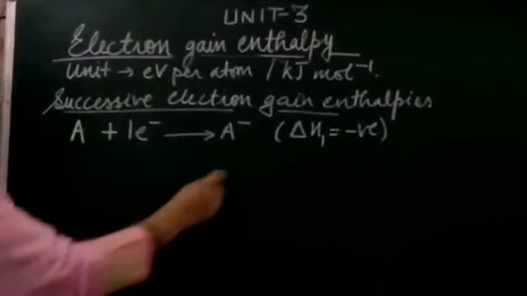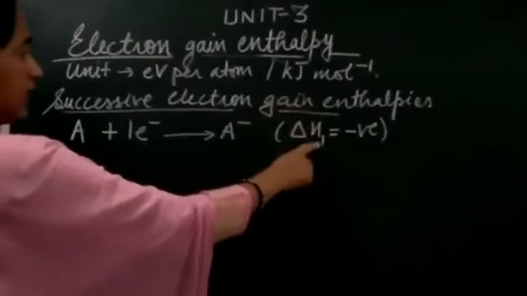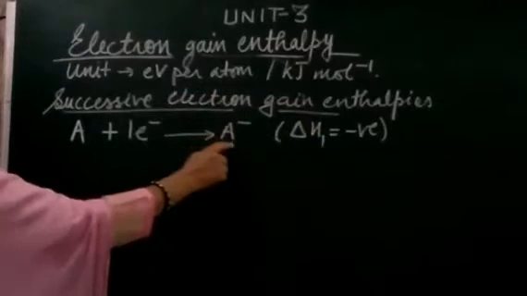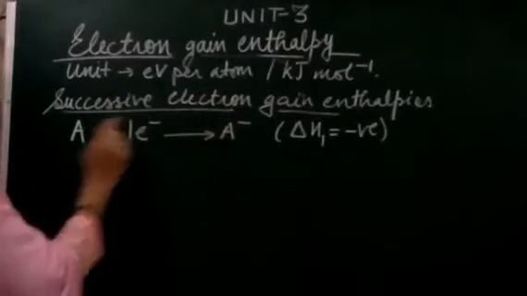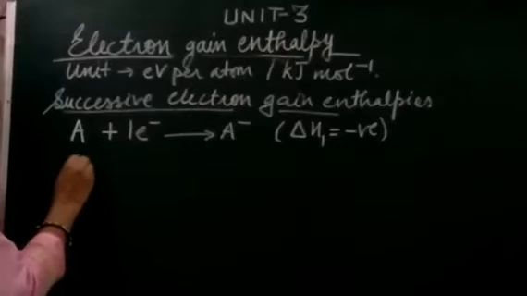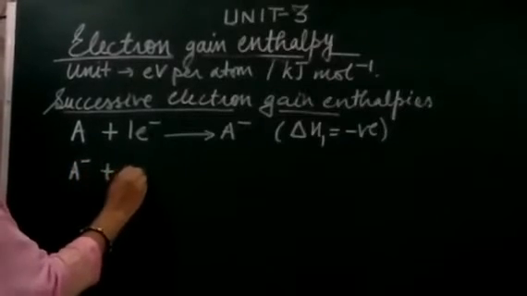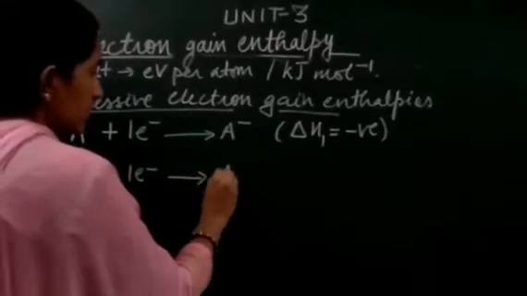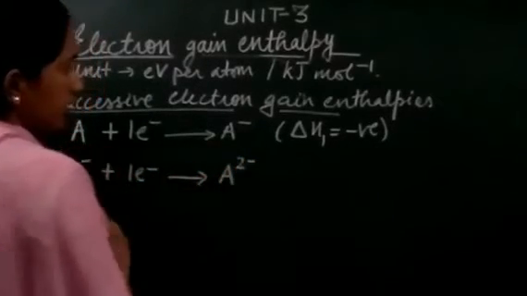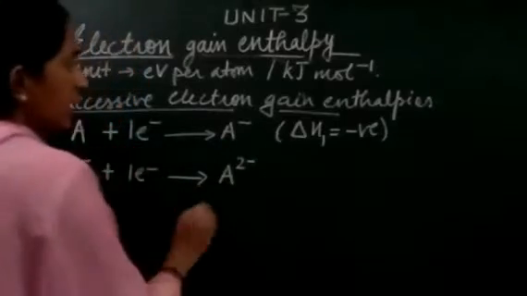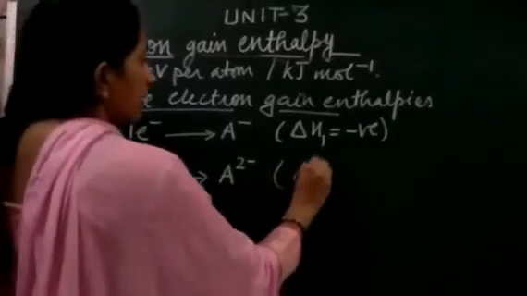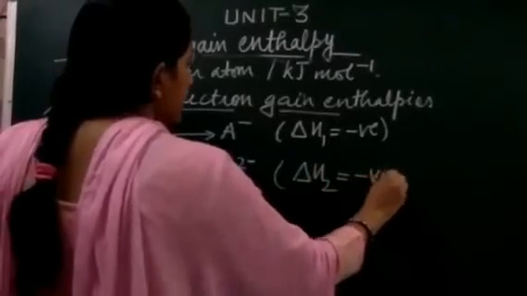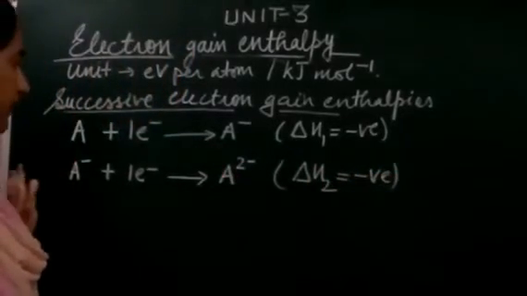Here the electron gain enthalpy is denoted by delta H1. Now if this negative ion, A negative, accepts one more electron and changes to A2 negative, let this value be delta H2.